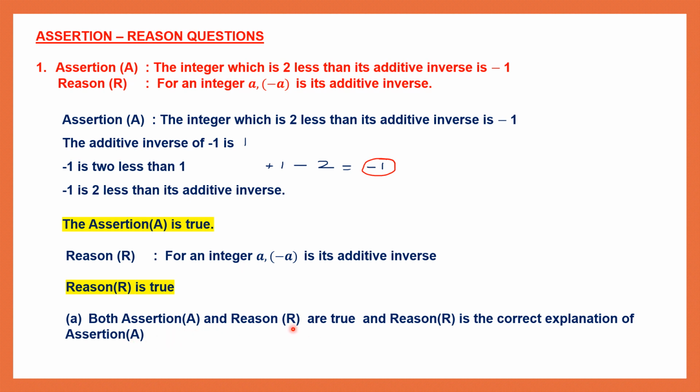Assertion and reason are true, as we proved here. Now what about the reason being the explanation for this assertion? Yes, reason R is the correct explanation of assertion A, because it says that for an integer A, negative A is its additive inverse, and we have found that out here.